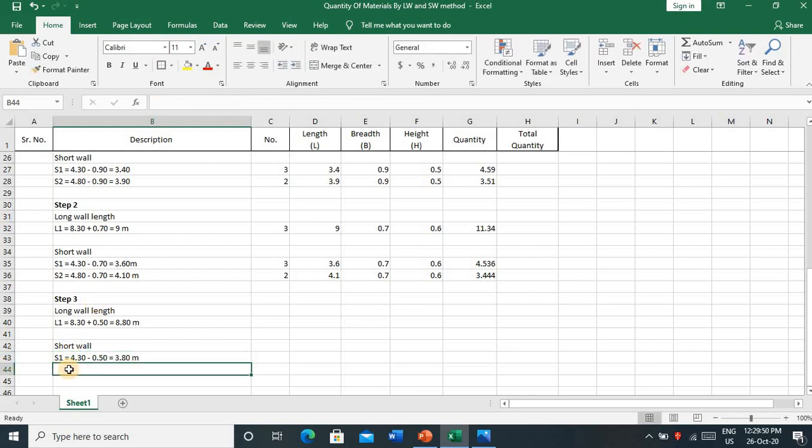For short wall type 2, 4.80 minus 0.50 equals 4.30 meter.